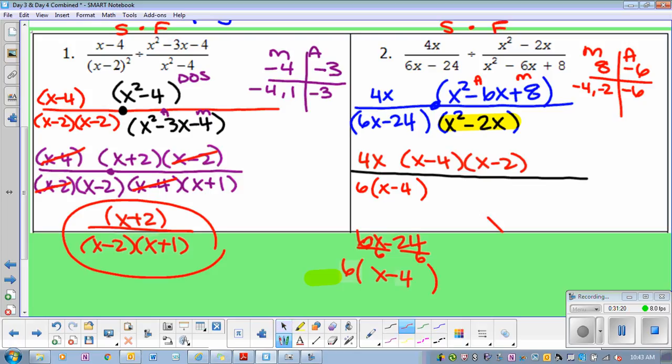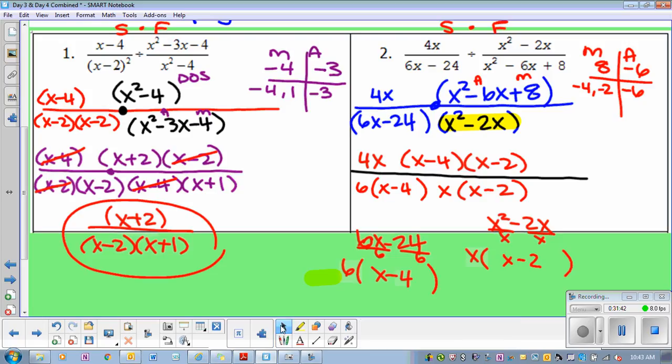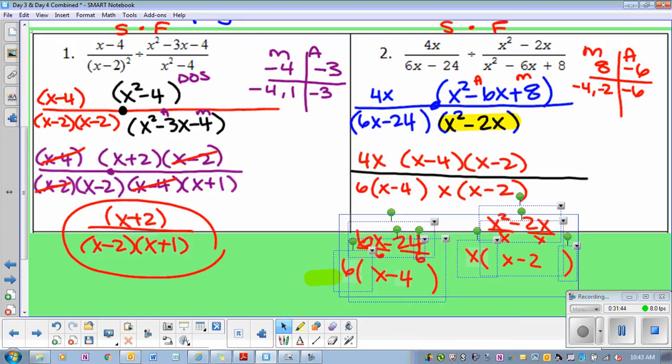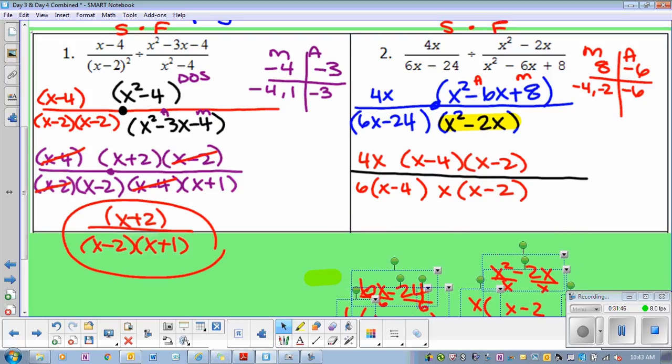And then the x squared minus 2x, not DOTS. Does that one have a GCF? What do they both have? x. Good. So take the x out of there. You have x minus 2. So x times x minus 2. Yeah?